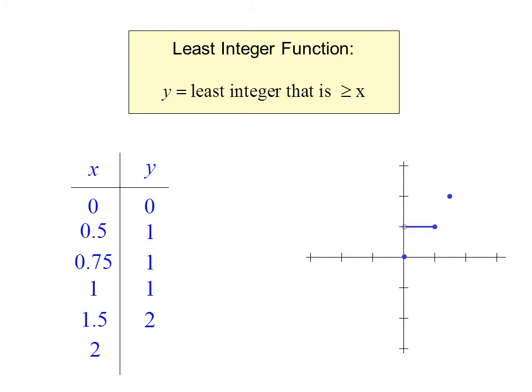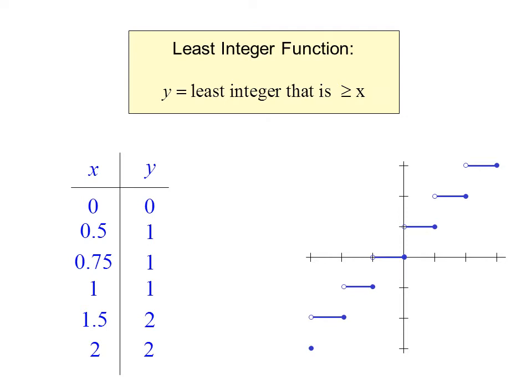But 2 is an integer. It's still 2. We don't get a jump until we go just past 2. The entire graph looks like this.